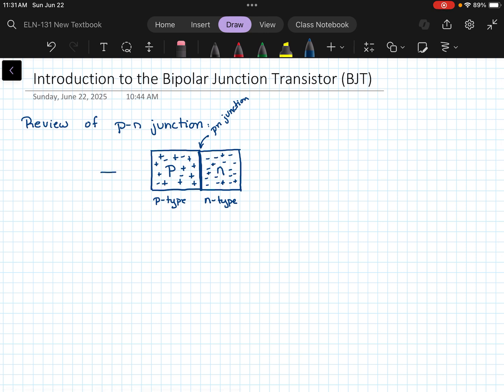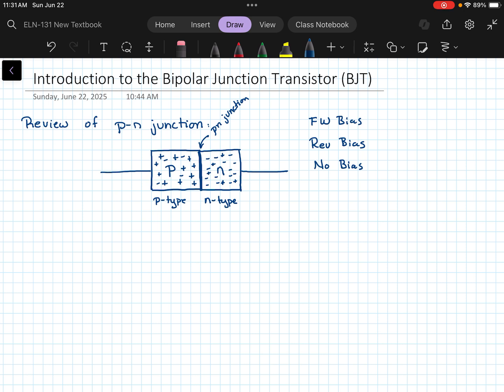So what we could do is we could either forward bias this PN junction, we could reverse bias the junction, or we could apply no bias or a 0 bias. So no bias is pretty much what you see here. There is no voltage applied to the circuit, so there would be no movement of the electrons in this case.